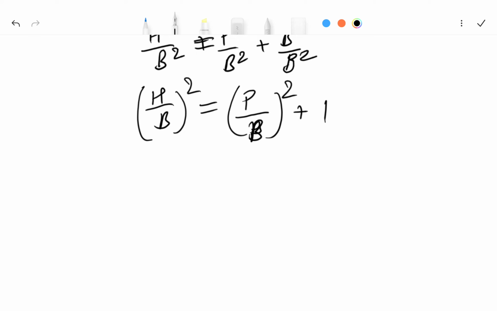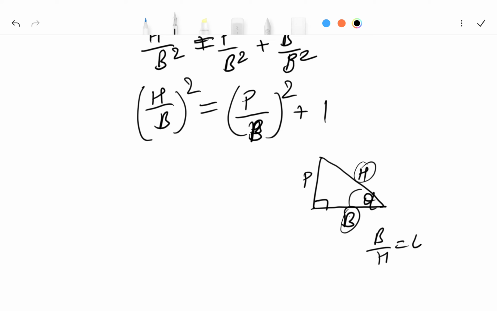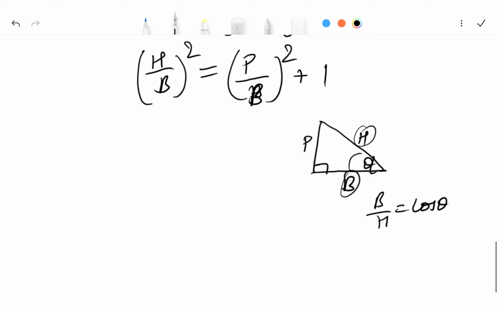Now what is h over b? I can again make a triangle here. This is perpendicular, hypotenuse, base, theta. And what is h over b? This is b and this is h. B over h is the cos theta, so h over b is the reciprocal of cos theta, that is the secant theta.